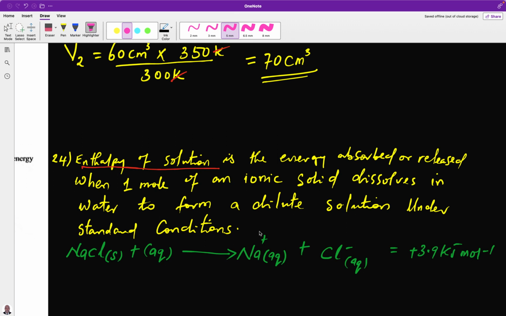That dilute solution is always with free ions. For example, sodium chloride, which is an ionic solid, dissolves in water, that is aqueous, to give sodium ion plus the chloride ion. These are free ions.